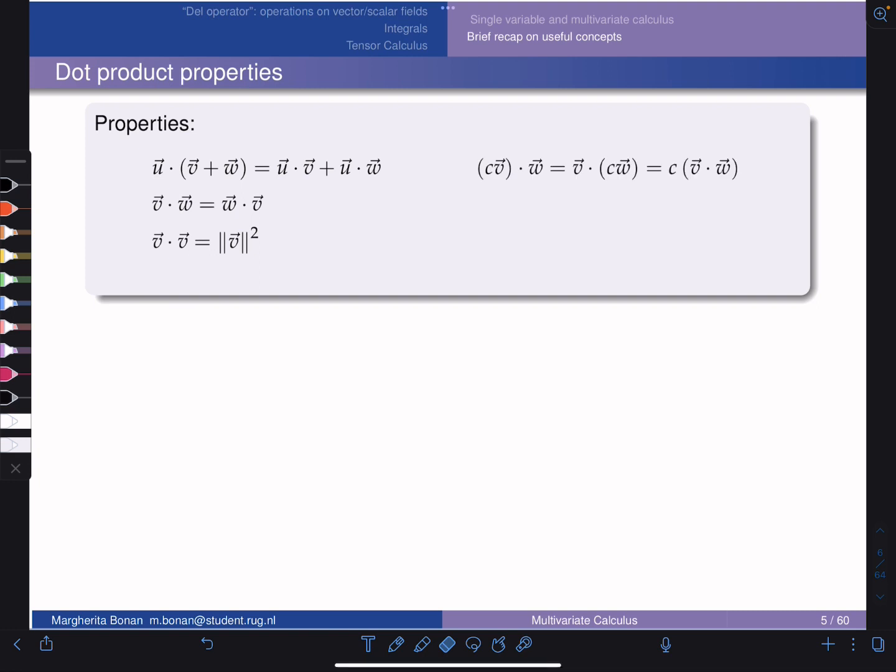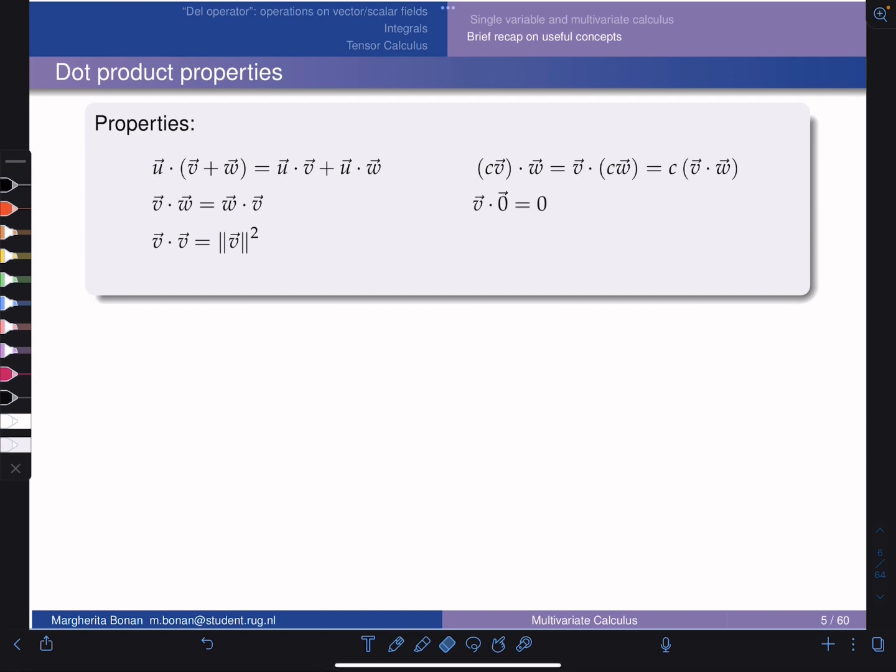Then with a constant c, this relation is valid: we can multiply the constant c on any of the vectors, like on v or w, and it is equivalent to multiplying the inner product of them by the constant.